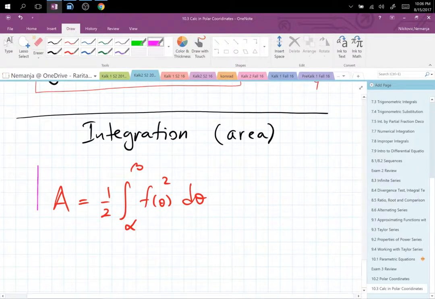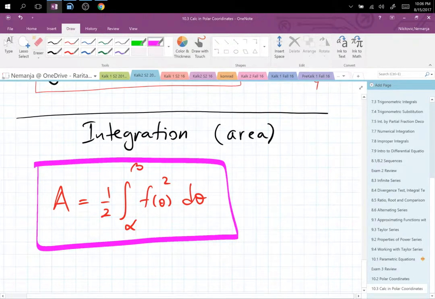Why are the limits alpha and beta? Because we have d theta, it's an angle, so we have to have angles as input.